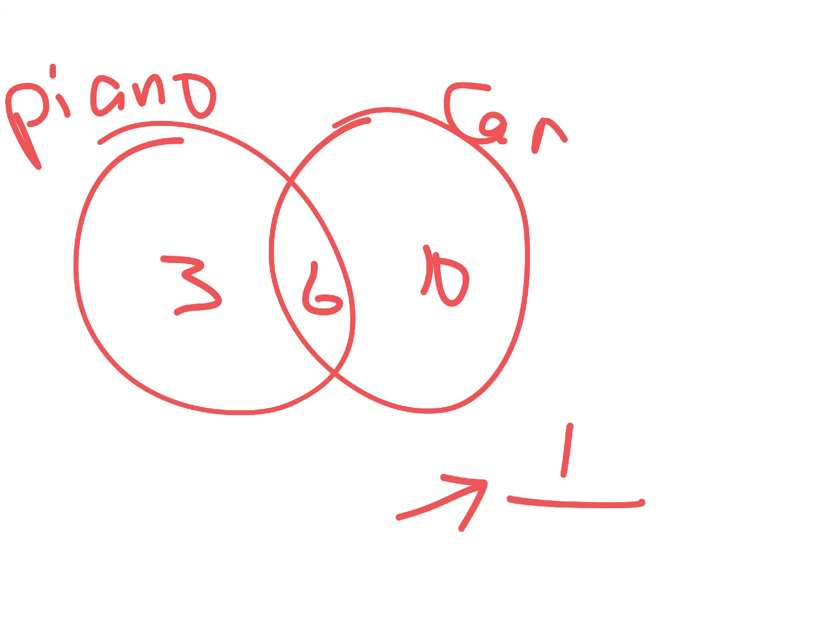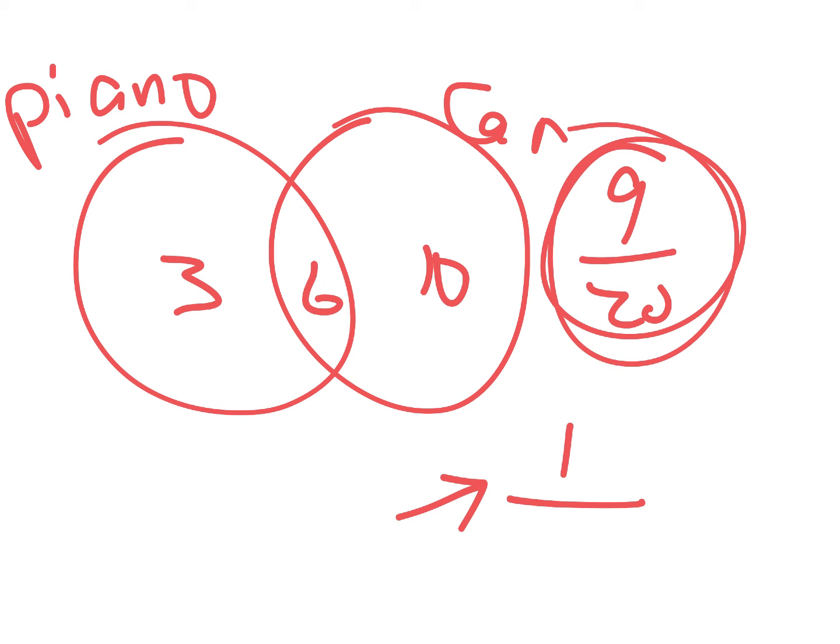Corey, what should you use for the piano? Not just the 3. Also the 6. Both of those have pianos. So what's the total, Corey? 9 out of the 20. 9 out of 20 piano.